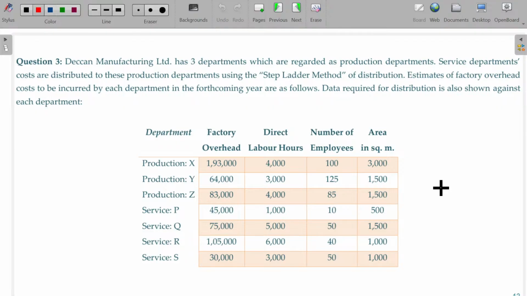Though it is reciprocal, under the step or ladder model, if some service department renders lower service to the other department but gets more service from that department, then automatically what happens, the least support, leave it. The highest support, you can consider that part only.